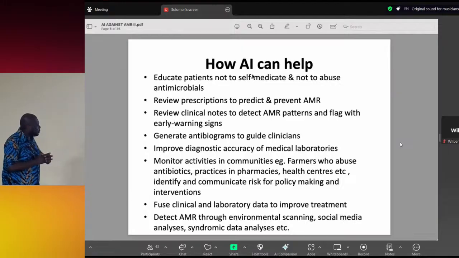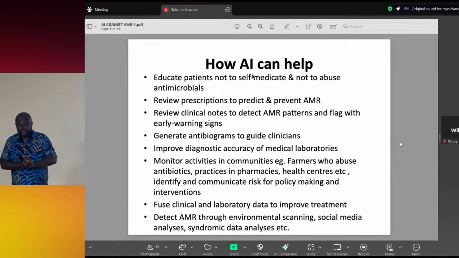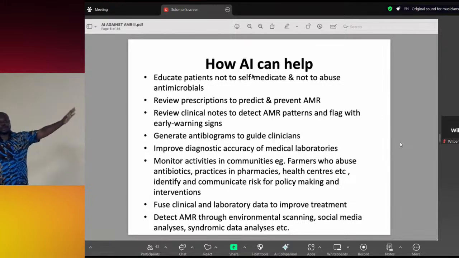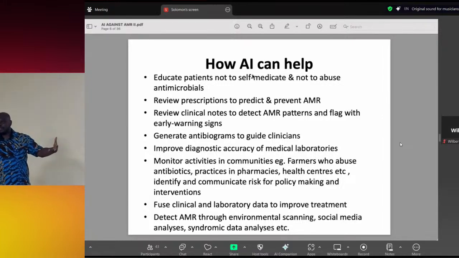AI can also help to fuse clinical and laboratory data to improve treatment. As we have now, our data is usually in silos. You come to a health facility, the lab report is there, the doctor has his notes, scan notes are here, but we could have multimodal fusion.